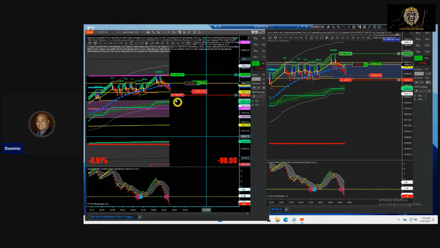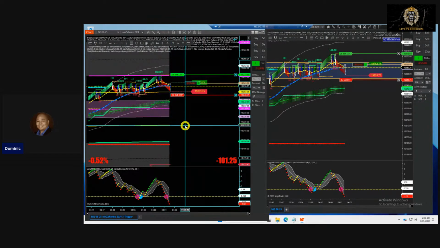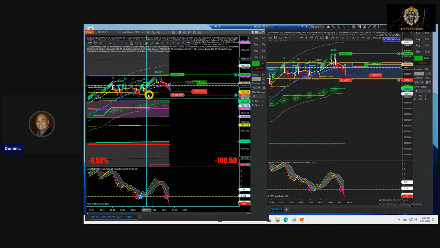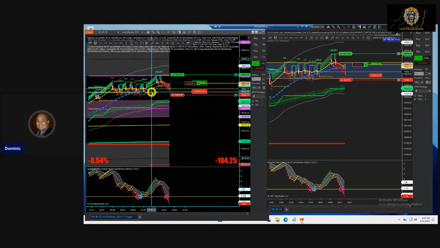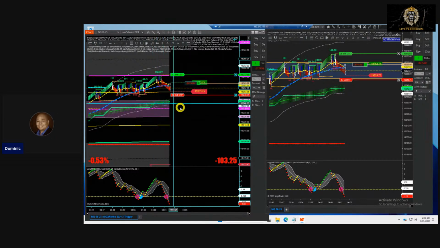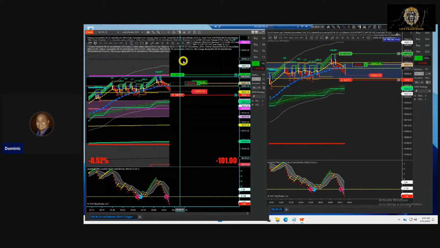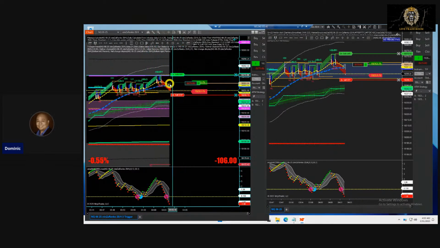Hopefully they try to test this high again, because we're not getting lower lows here. We go into a higher low. If they make a higher low, I want to see a higher high, meaning it's going to continue going up. But right now, they're doing neither.